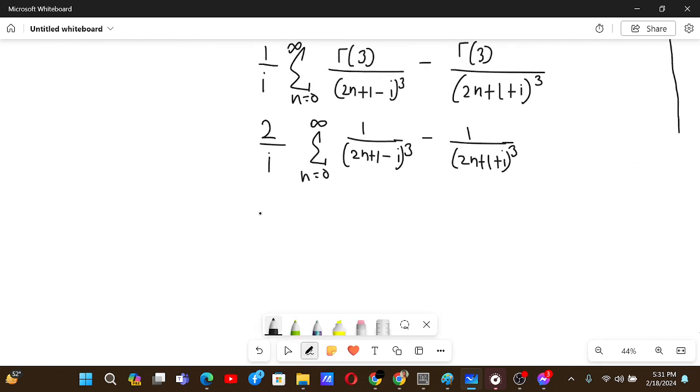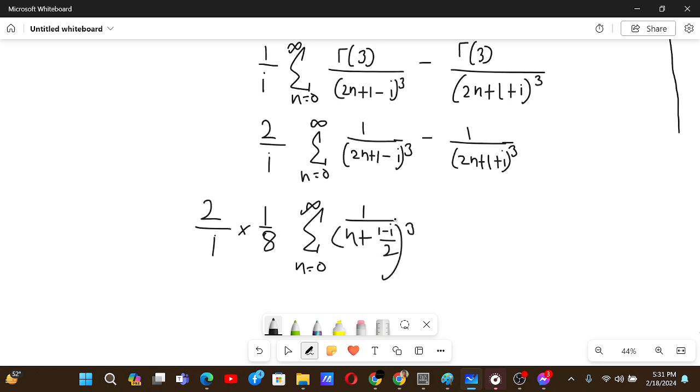So we will take 2 outside, and since there's a cube, it will be 1 by 8. So I'm going from n equals 0 to infinity of 1 by n plus (1 minus i) by 2 cube minus 1 by n plus (1 plus i) by 2 cube.